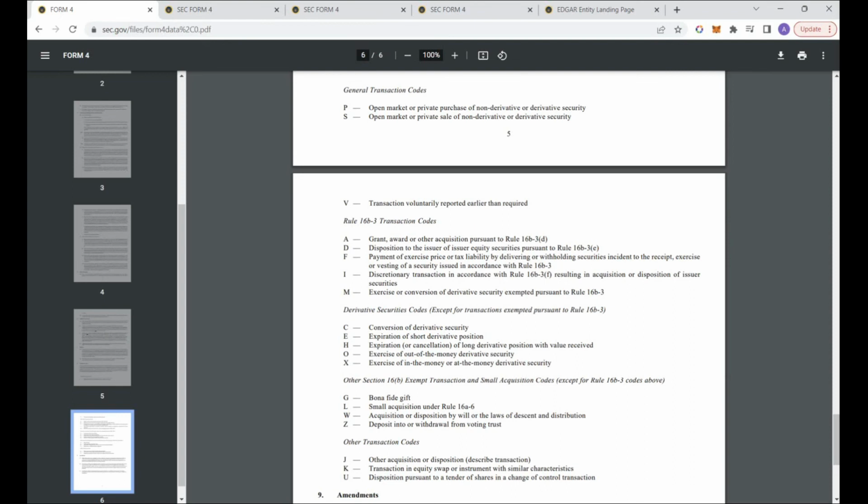The F transaction code is when some of the shares are withheld to satisfy tax obligations. The M transaction code is when the executive exercises their stock options or restricted stock units. And finally, the G transaction code is when the executive gives away shares as a gift.